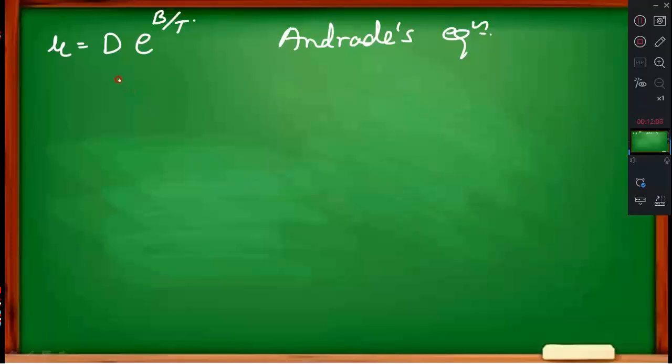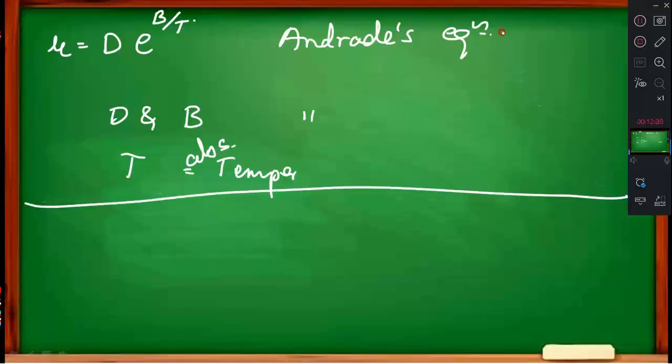D and B are Andrade's constants and T is the absolute temperature. This is for liquids.